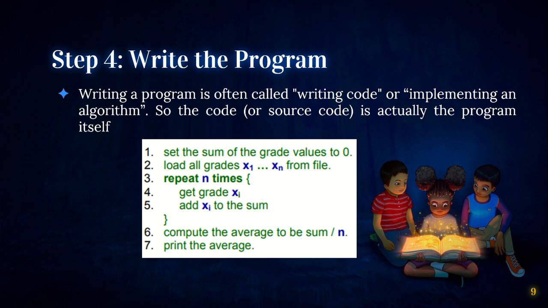For example, set the sum of the grade values to 0, so we are initializing the sum to 0. Then load all the grades, x1 to xn, from the particular file, and repeat the operation that many times, getting grade 1, grade 2, grade 3, and so on, and keep adding all the values to the sum. Finally compute the average by dividing the sum by the total number of items, then print the average. This gives you the solution of getting the average grades for the students.